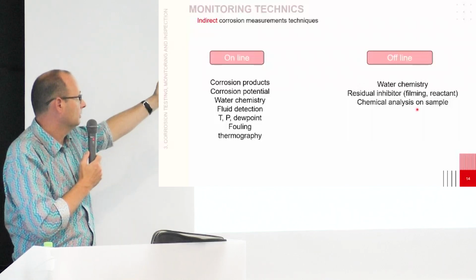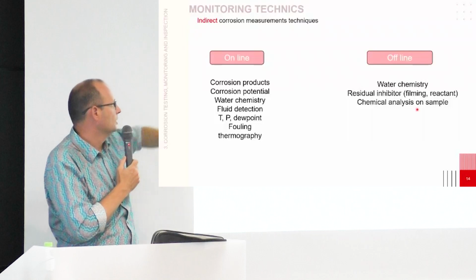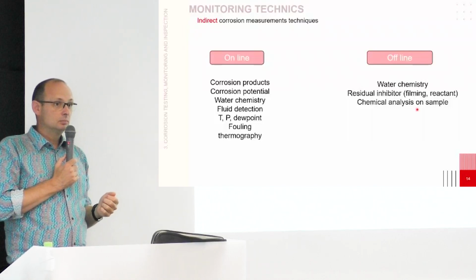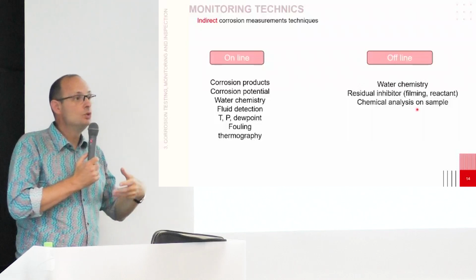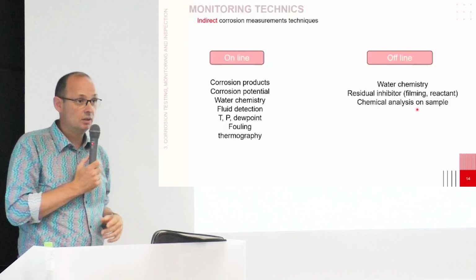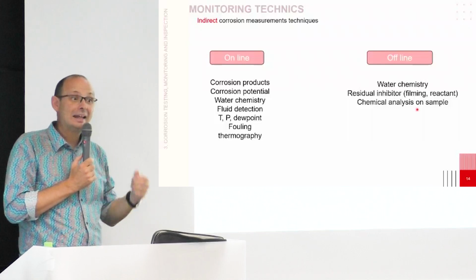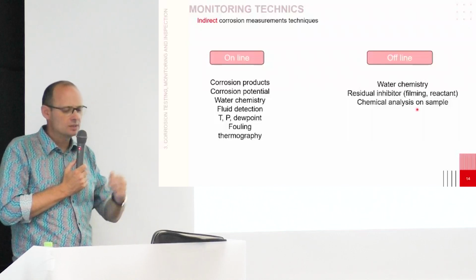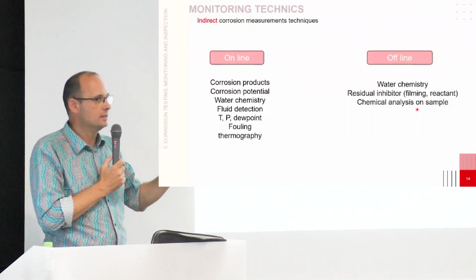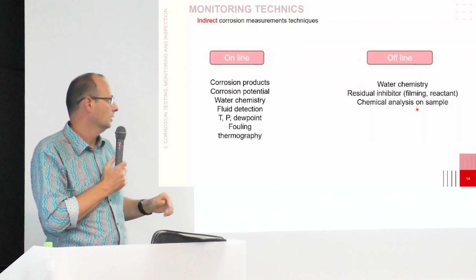So I can detect that. Corrosion potential is one of the elements. Because the material dissolves, that means that I will have new ions in solution. So if I'm doing some water chemistry evaluation, I can detect them. So there are techniques that are very sensitive, like ICP-MS.